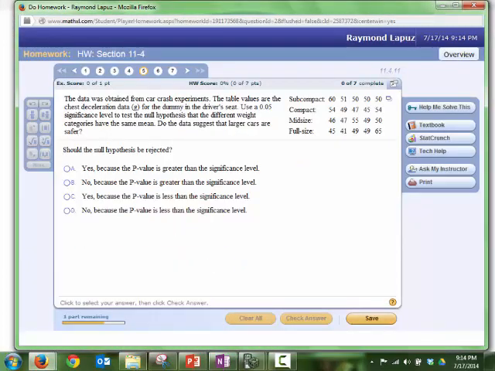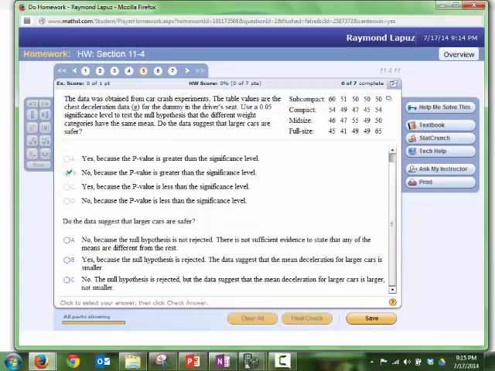Should the null hypothesis be rejected? No, the p-value is greater than the significance level. And did the data suggest that larger cars are safer? No, it looked like the means were all the same, right? So it's one of these no's. No, because the null hypothesis is not rejected. There's no sufficient evidence to state that the means are different from each other.